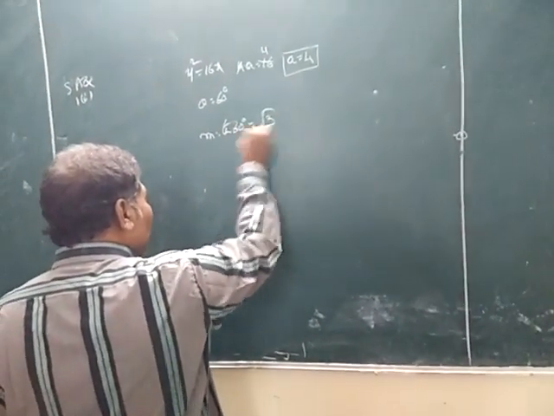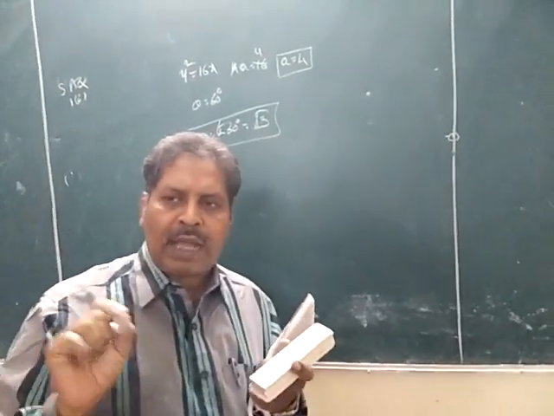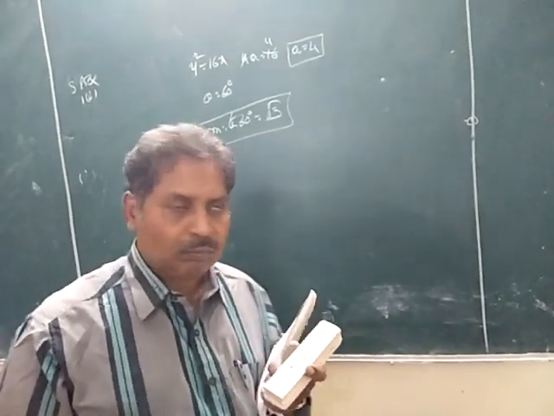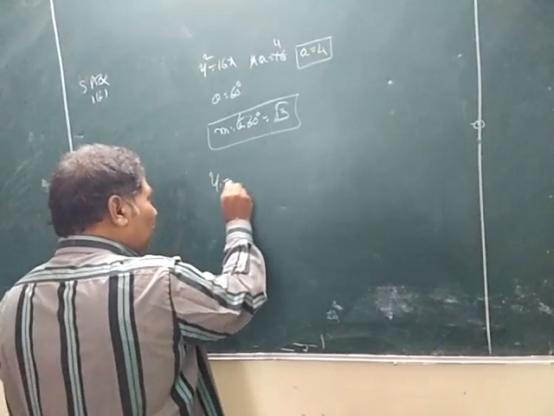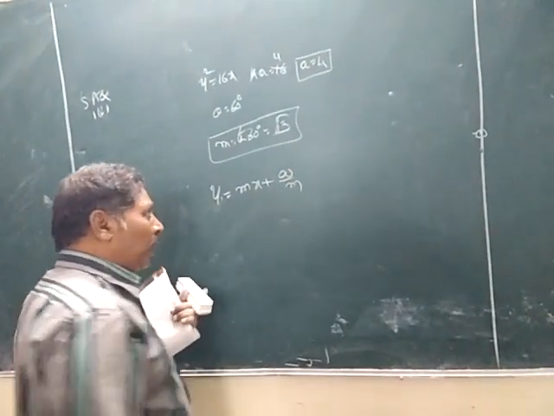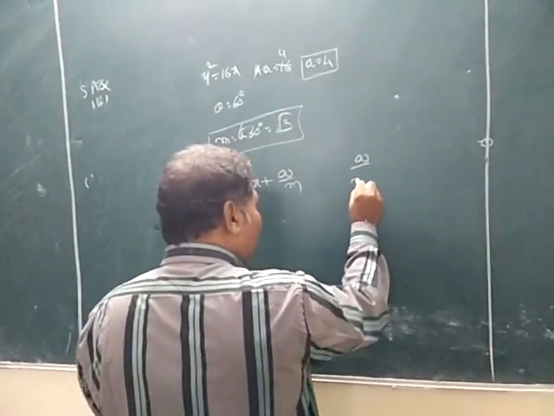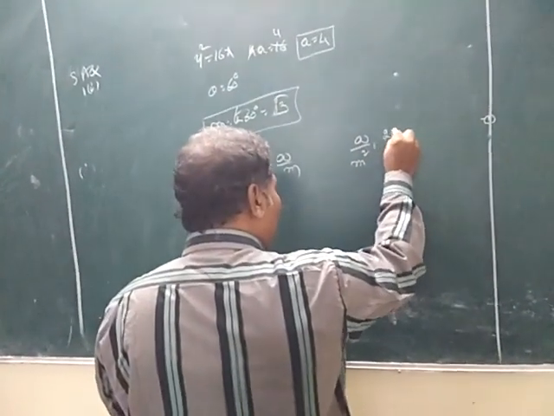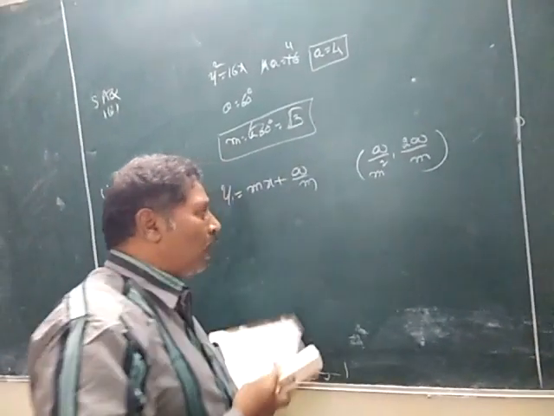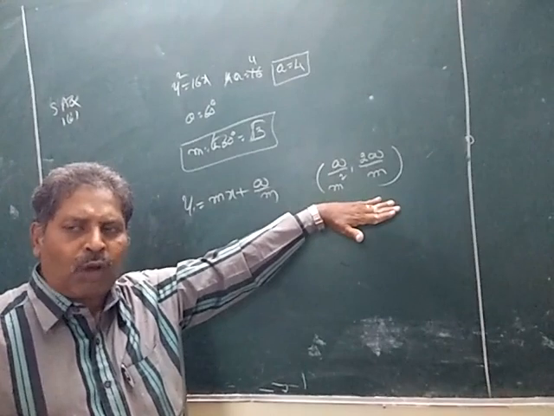Tan 60 value √3. So equation of the tangent in the slope form is y equal to mx plus a by m, and point of contact is a by m square, 2a by m. He wants these two values, equation of the tangent and point of contact.